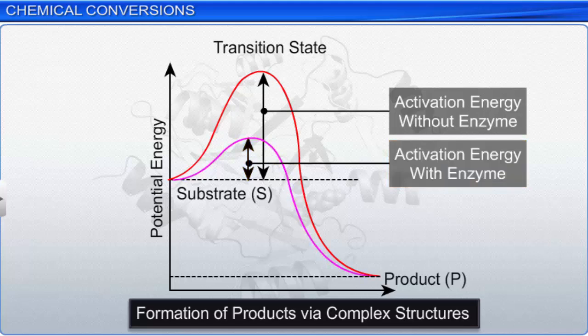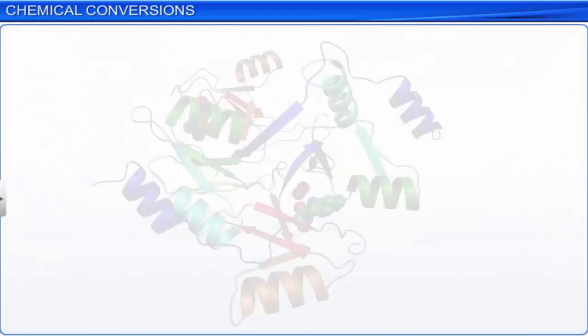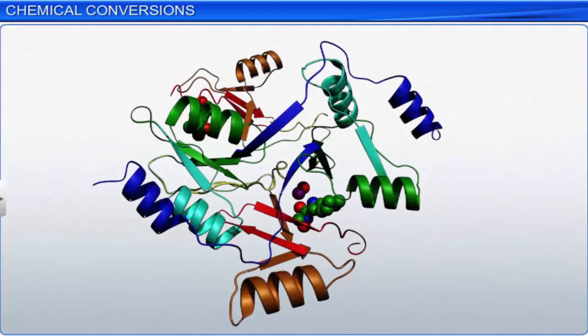Therefore, enzymes reduce the activation energy barrier by making the transition from S to P easier. In this way, enzymes bring about chemical and metabolic conversions at a high rate.